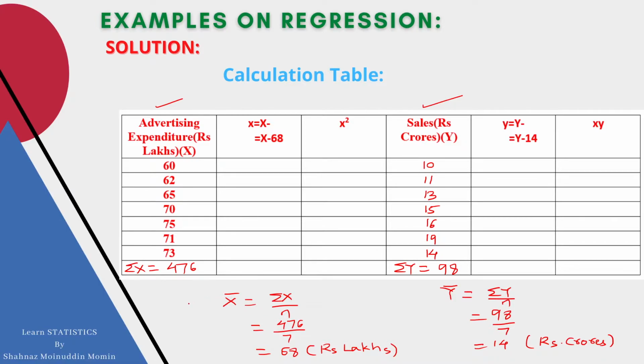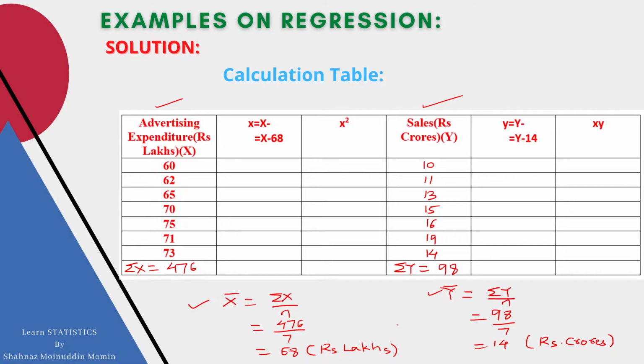By observing the value of X bar and Y bar, it is seen that they are integers. If mean of X and Y are integers, then we use the first method of obtaining correlation between X and Y by taking deviations from actual means X bar and Y bar.